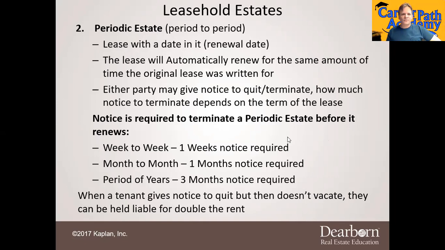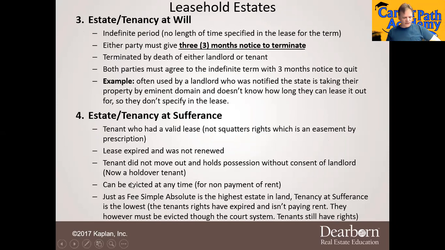All right, I want to go over these really quick before we bail out for lunch. So an estate or tenancy at will is for an indefinite period. There's no length of time specified in the lease for the term. Either party has to give 3 months notice to terminate. If either party dies, that lease term is done. Both parties have to agree to it.